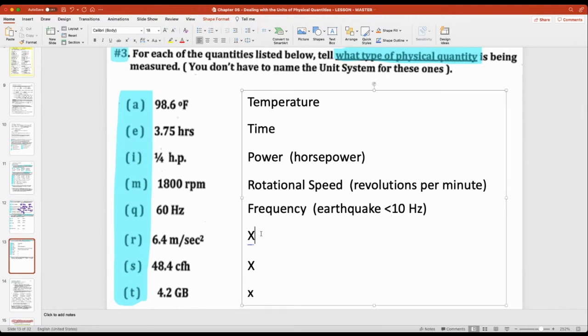Anyway, someone mentioned acceleration earlier, and that's this one here. I think it was Nicholas, I wasn't sure. That's acceleration, and we have the squared. Okay, CFH. What the heck is CFH?